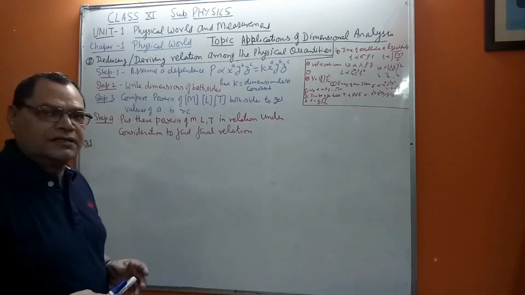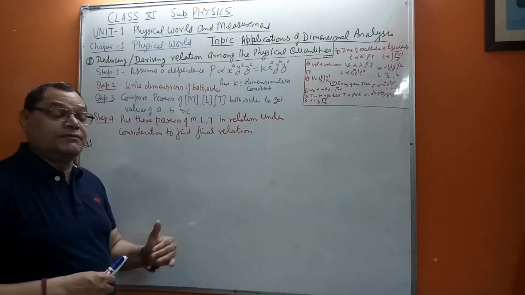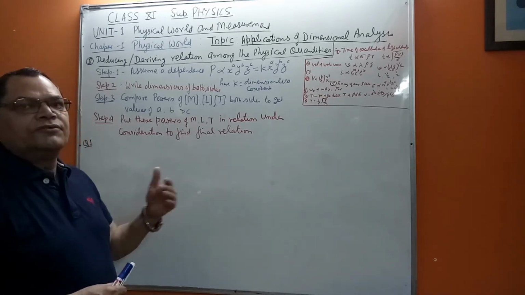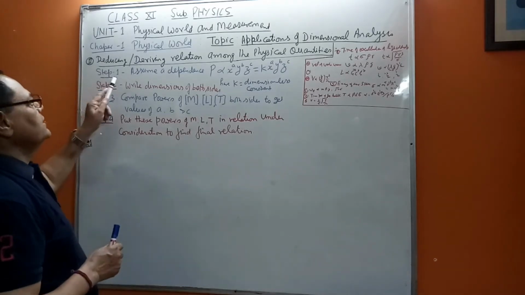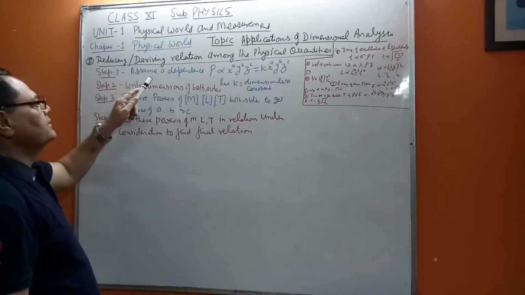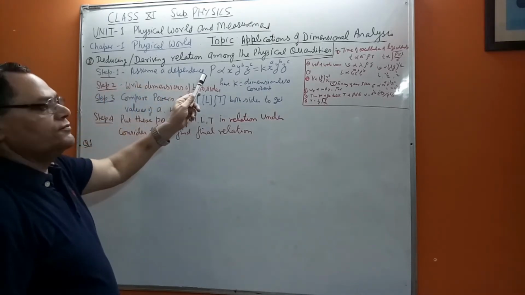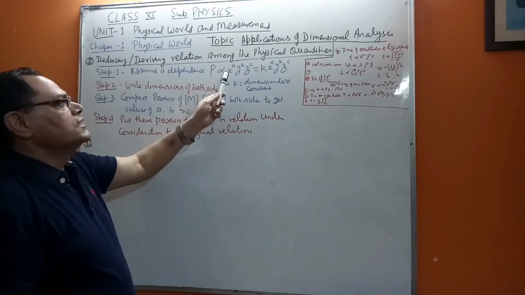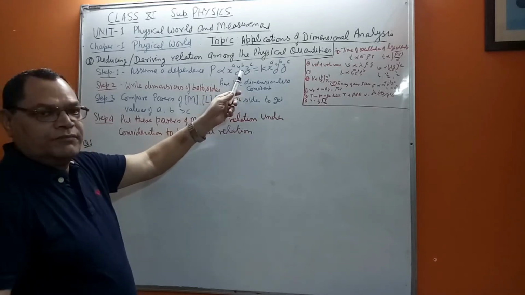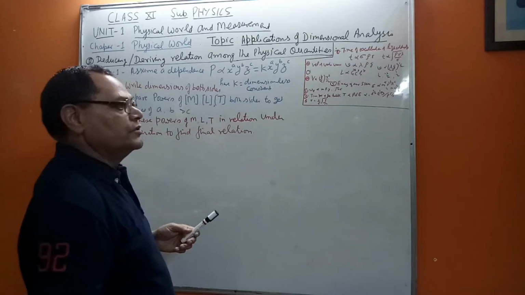There are certain rules which we need to know when deriving the relation for any physical quantity. Step 1, please remember, or you can write it also: assume a dependence for a physical quantity. Suppose any physical quantity P depends on some other physical quantities X, Y and Z, but we don't know whether it is directly proportional or reciprocal or otherwise.